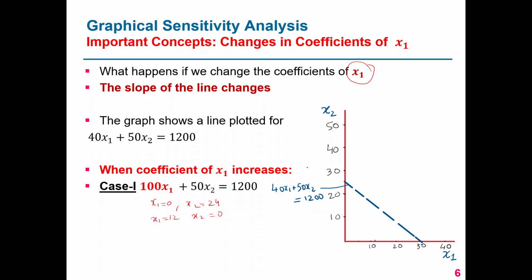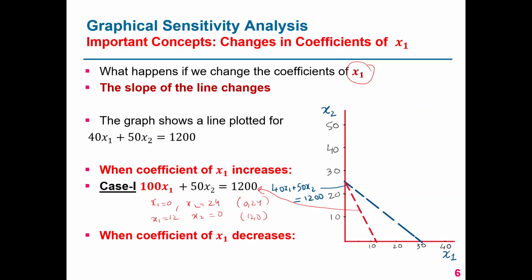Using these 2 points, 0, 24 and 12, 0, we can plot it. It's plotted here. As you can see, the red line for the increased x1 coefficient has become steeper. The slope has changed.